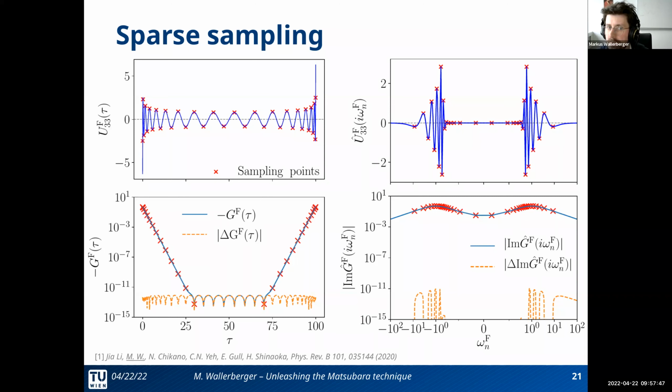You could. You never need negative Matsubara frequencies. If I just use half of the sparse sampling points in this IR representation, I imagine I will get a different result, right? No, because you have complex numbers on the Matsubara frequency.